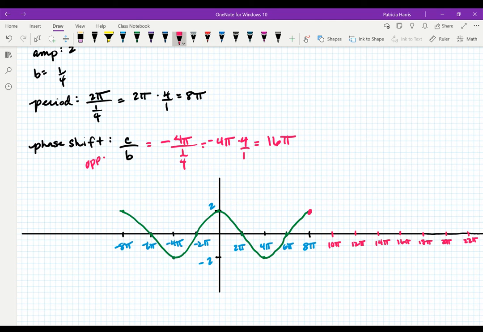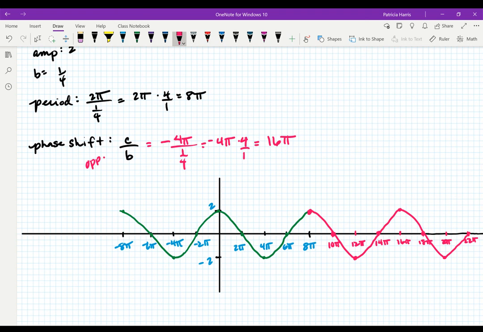Okay, this guy is -6. If I'm going to move that 16 pi, that would be moved to 10. Okay, -4 would be moved to 12. And then follow the pattern. So this pink graph is my actual phase shift.